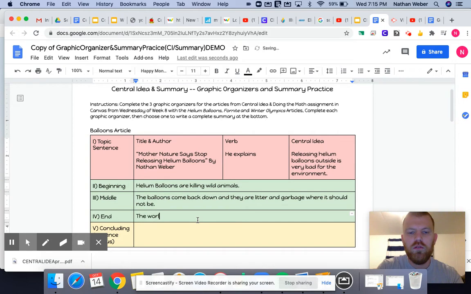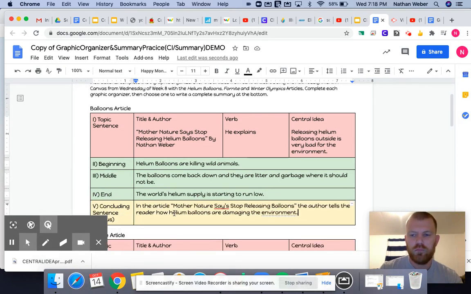The world helium supply is starting to run low. And then I skipped over how to make the concluding sentence for time purposes, but what you really need to know is the concluding sentence essentially just restates your topic sentence in a way that wraps up your writing or your summary.